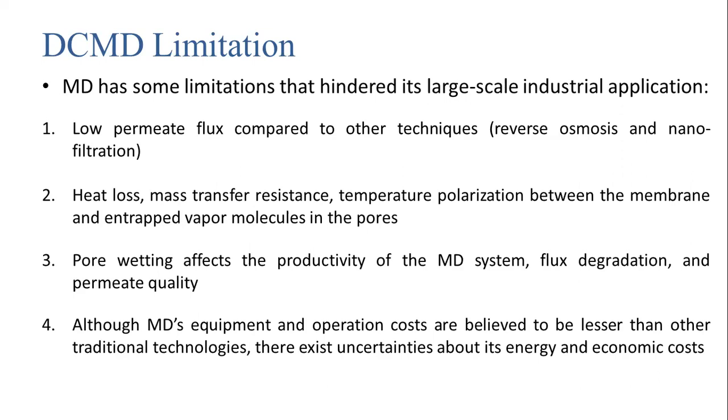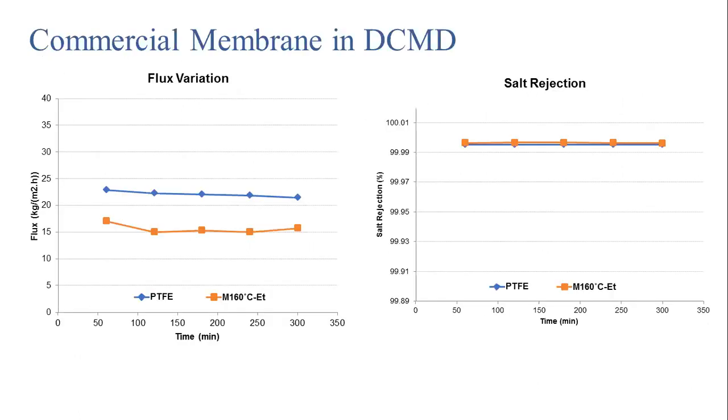And because this technique is still juvenile and in its early stages, the equipment is actually expensive, because more research, more money, more investments will lead to this technique being better. You can see here some examples of the performance of commercial membranes in DCMD.